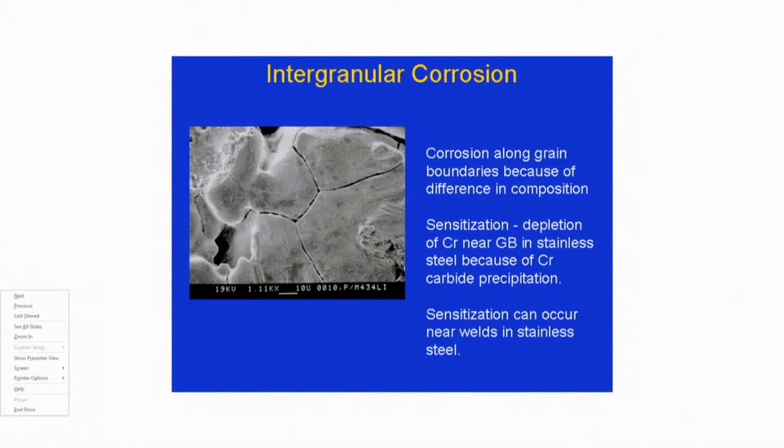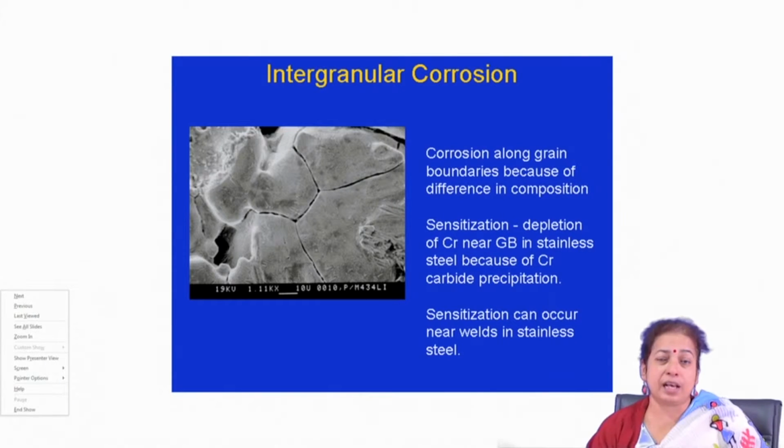So, this is the case of pure metal. But if we think of an alloy system, particularly where grain boundaries consist of a lot of different phases having completely different electrochemical behavior from that of the grains, then the kind of corrosion observed is called intergranular corrosion.